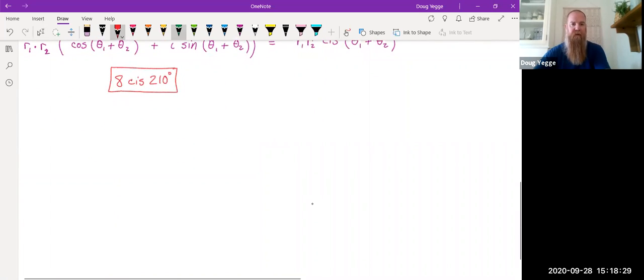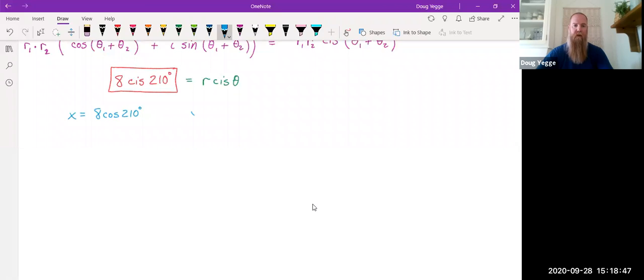Since this is r cis theta, my new final answer, let's just convert that back into x and y coordinates. Notice that our x coordinate is going to be 8 times cosine of 210, while my y coordinate will be 8 sine of 210.